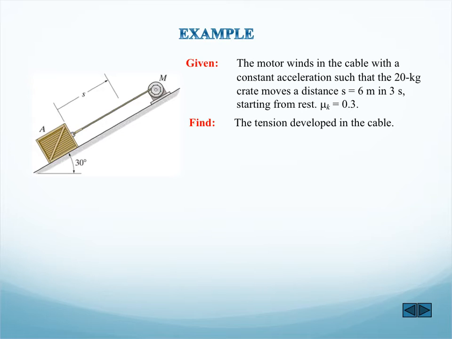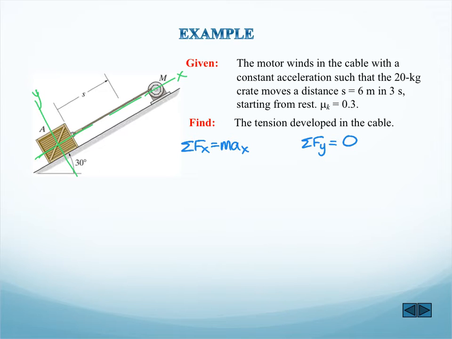So we remember that in an inclined plane, we put the x-axis along the inclined plane, and then the y-axis is perpendicular to it. And again, because we're going to look at forces in the x direction, which will yield an acceleration, and forces in the y direction, which in this case would add up to be 0, because we don't expect the crate to be moving up and down.